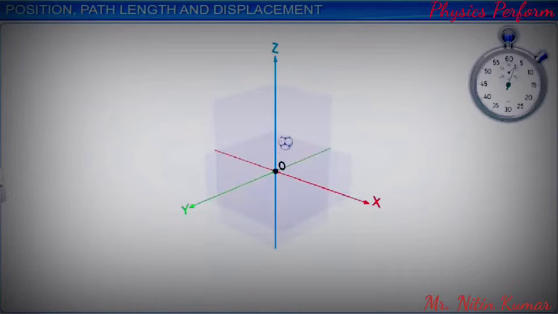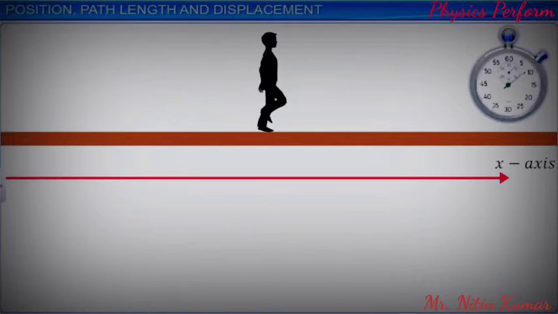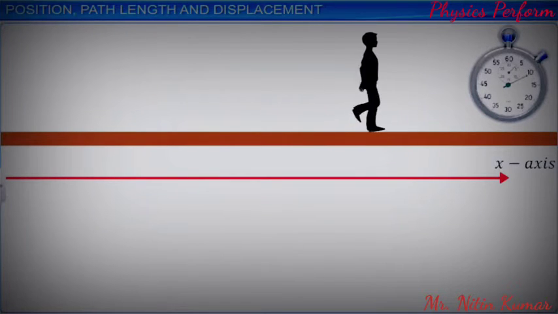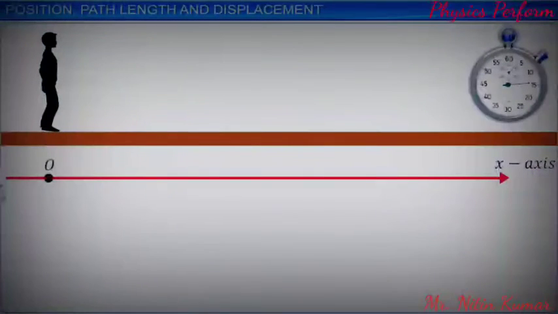Let's consider the example of a man walking along a straight line. Take the x-axis to coincide with the straight line. Fix the origin of the axis at the point from where the man starts walking. This is represented by x is equal to 0 when time t is equal to 0.